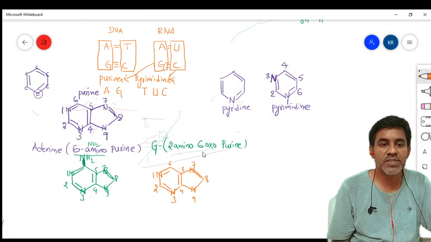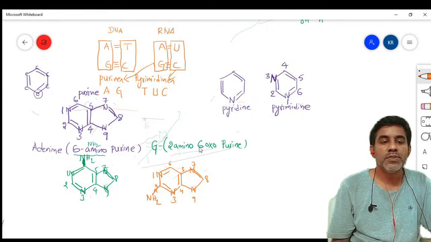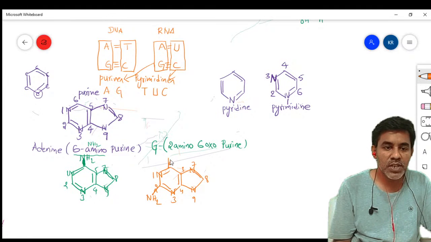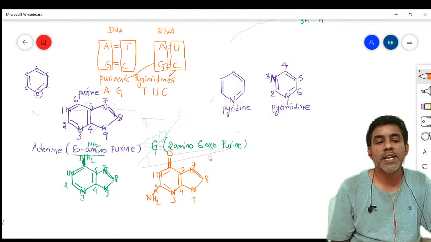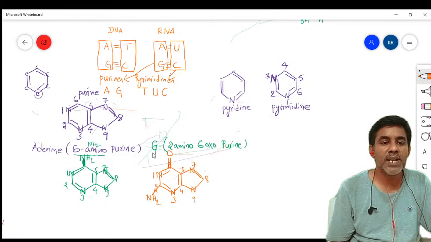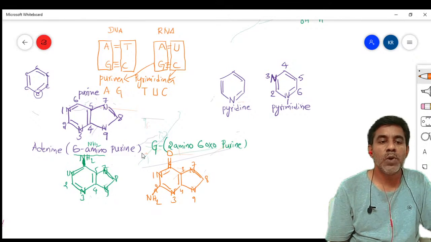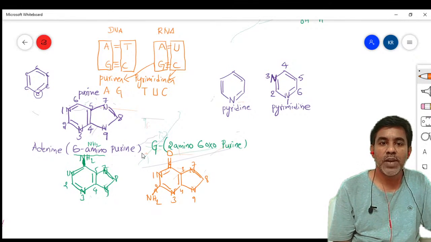We have the purine structure. 2-amino means at the second location you place the amine group, NH2. 6-oxo means at the sixth position you place the oxygen atom. Then it becomes guanine. So these are the 2 purine molecules.